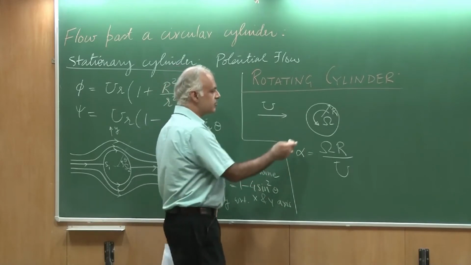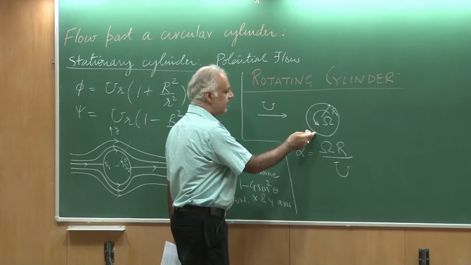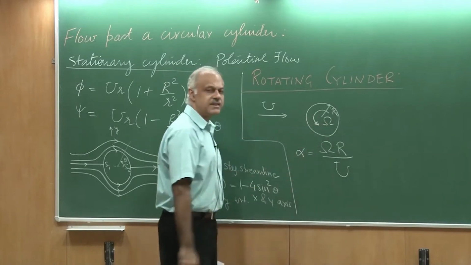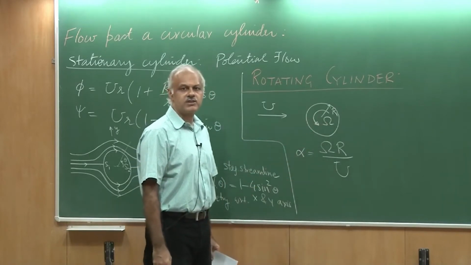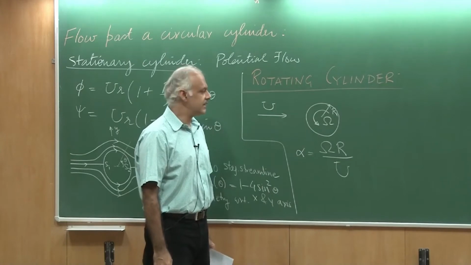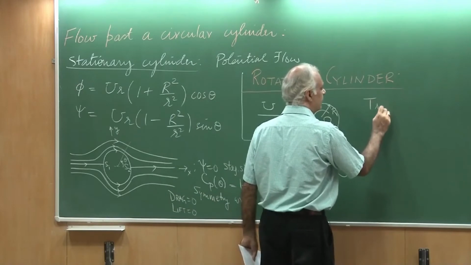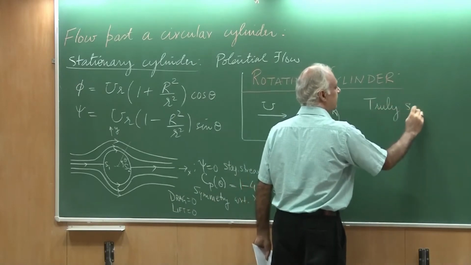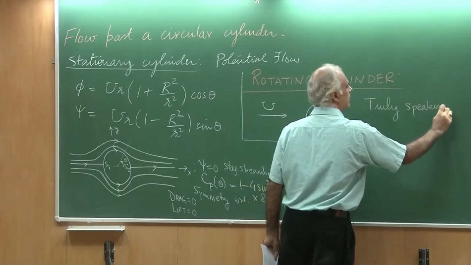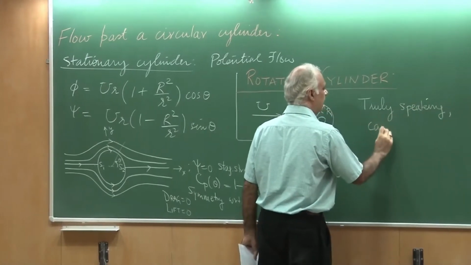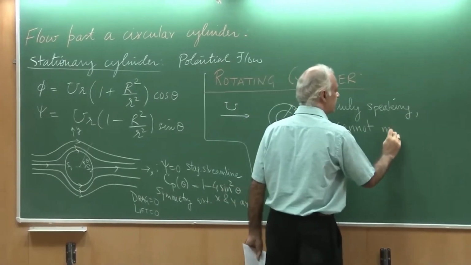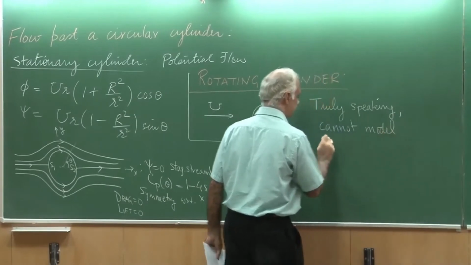Right away what occurs to me is that if it is an inviscid flow and I spin the cylinder, the outer flow does not even feel it. Okay? So truly speaking, we cannot model this with an inviscid flow.